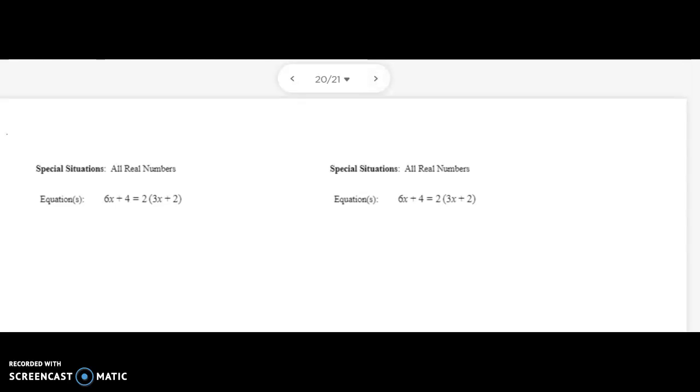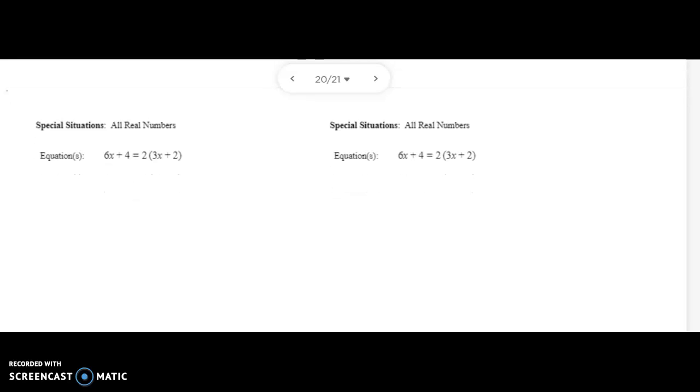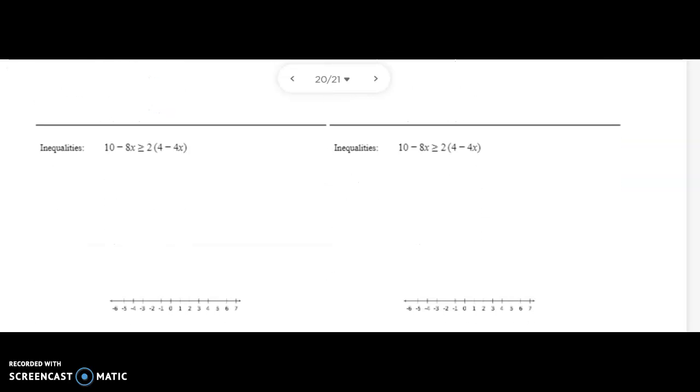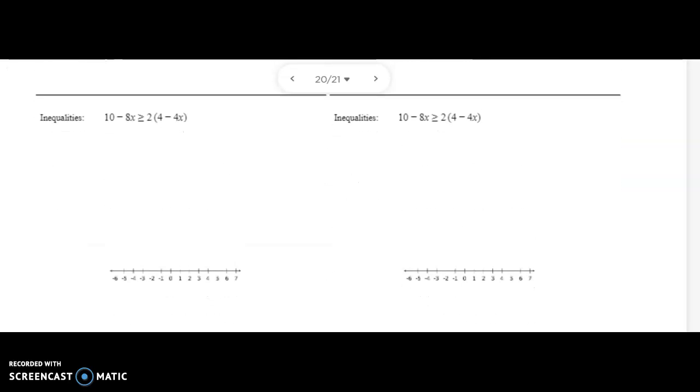And then a couple last situations I wanted to look at here, all right? When we have all real numbers, right? When I solve this out, I'm going to distribute on the right-hand side, get 6x, oh, not this one. I don't want to do this problem. Sorry about that. This is the one. Okay, I'm going to distribute here, right?